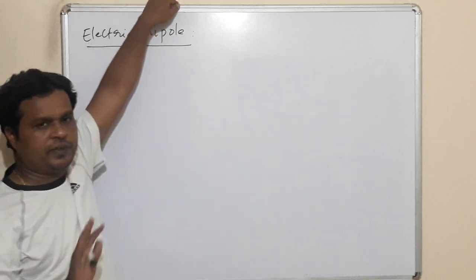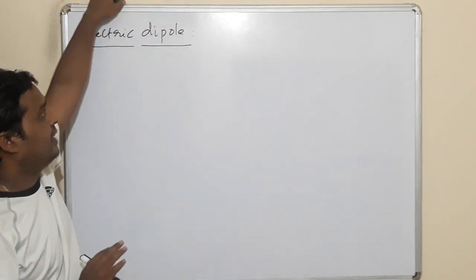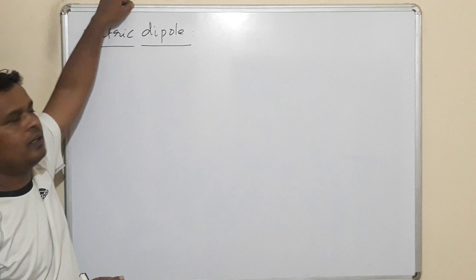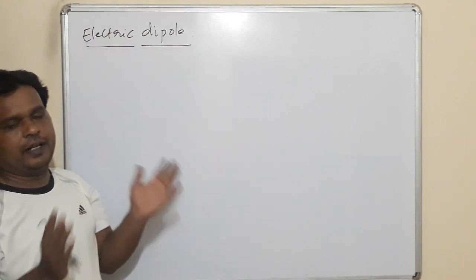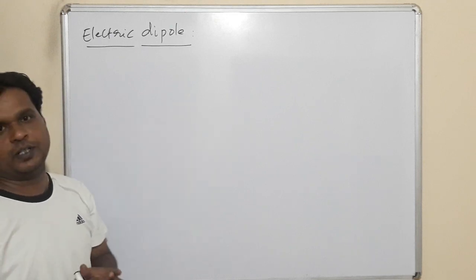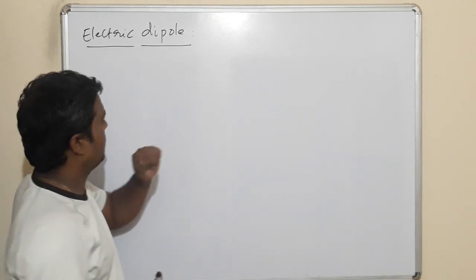As the name itself indicates, an electric dipole has two ends, or it carries two charges which are equal and opposite in nature, separated by some small distance. Basically, what is a dipole?